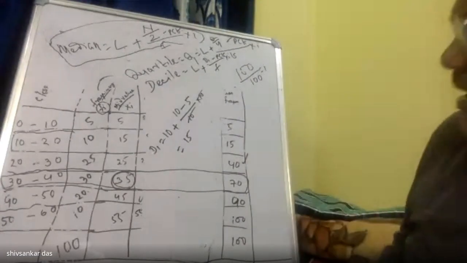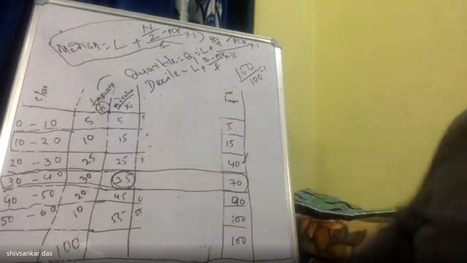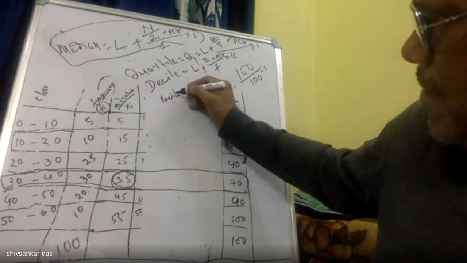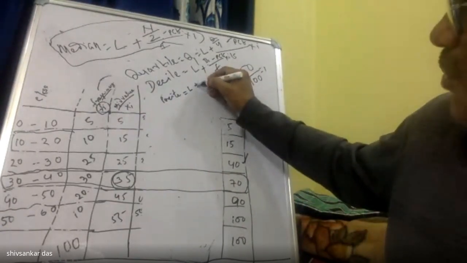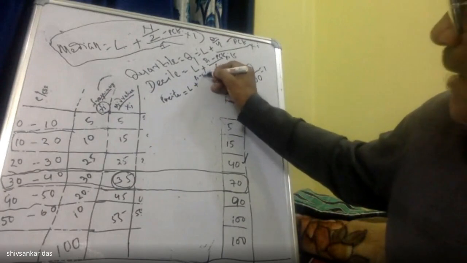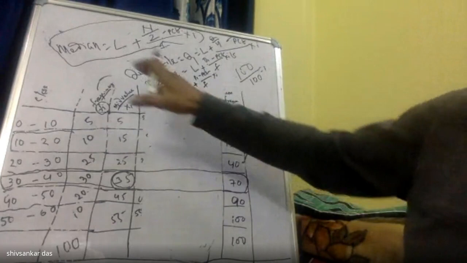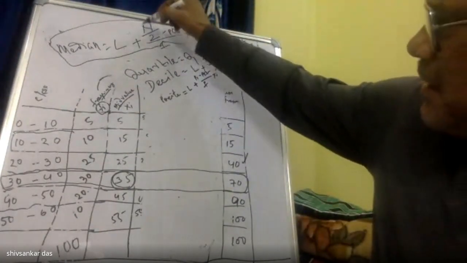The percentile will be similarly P1 = L + ((P1 − PCF)/F) × I. The formula is almost the same; the only change is here.